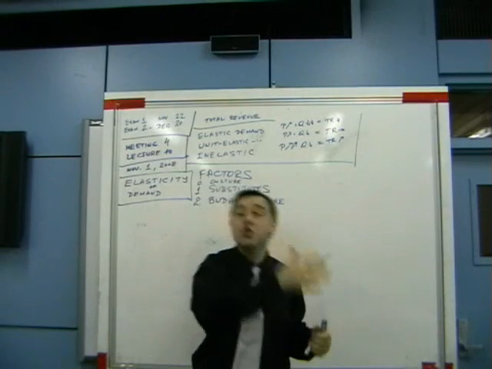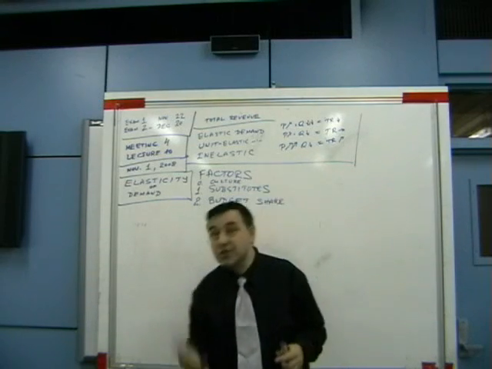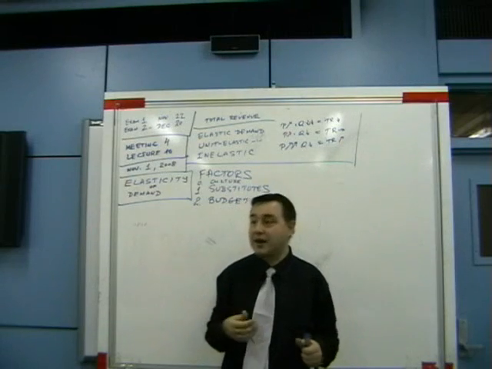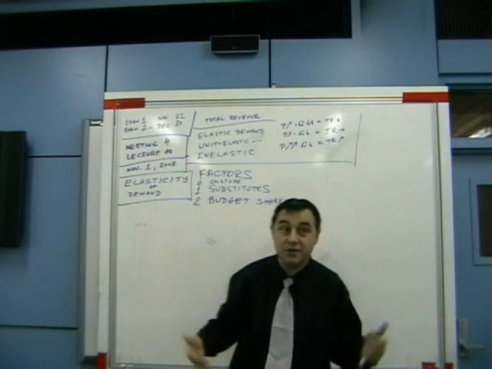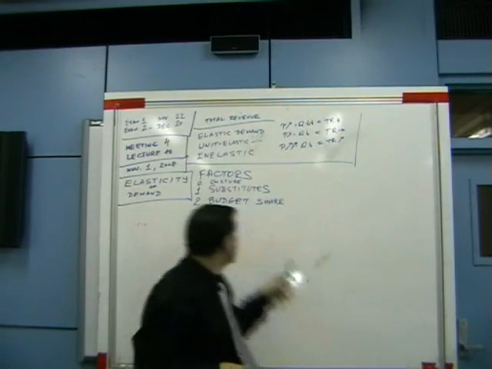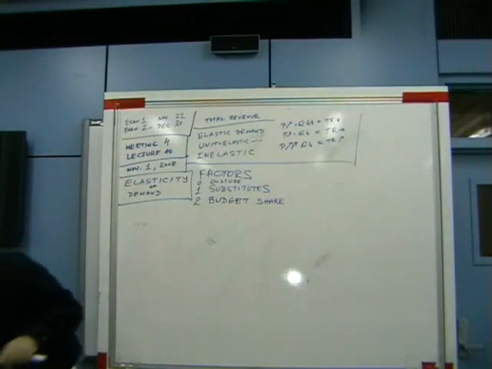So you will do a lot of substitution from normal foods to some inferior foods. Maybe buy a whole lot more potatoes and cut down almost completely on meat, because meat suddenly is terribly expensive. So budget share is very logical, very common sense.